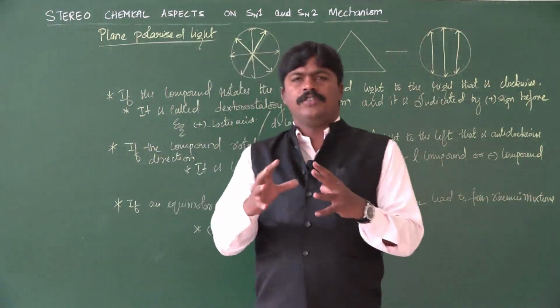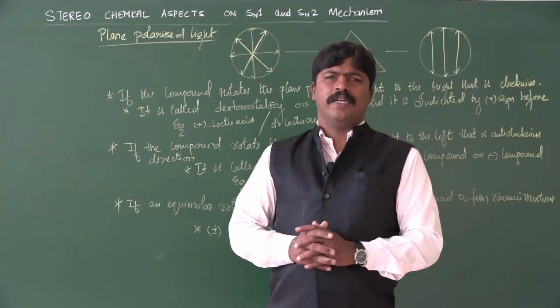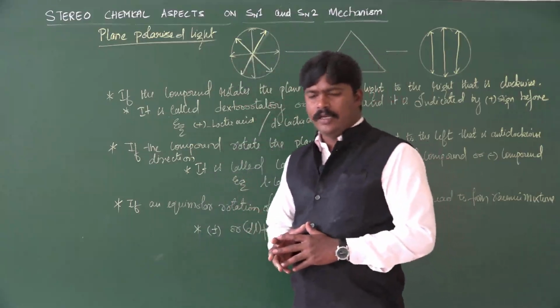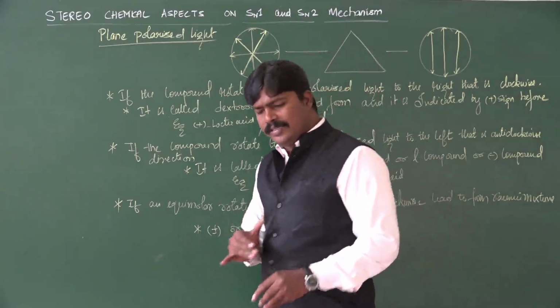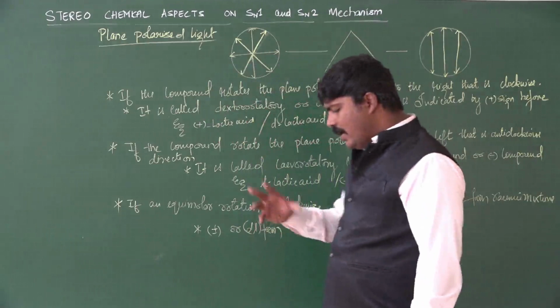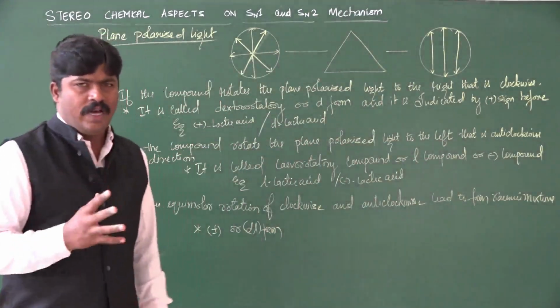So, dextro is also optically active, levo is also optically active because they have the ability to rotate either to the clockwise or to the anti-clockwise. The last one what we discuss, if in case we find an organic compound which rotates equimolar. What is equimolar?